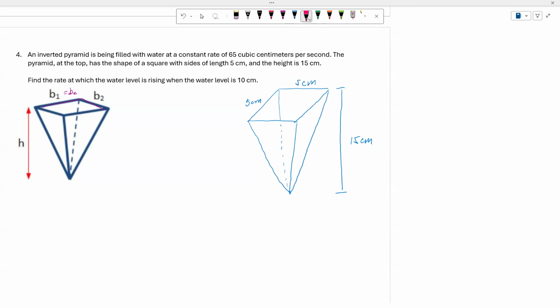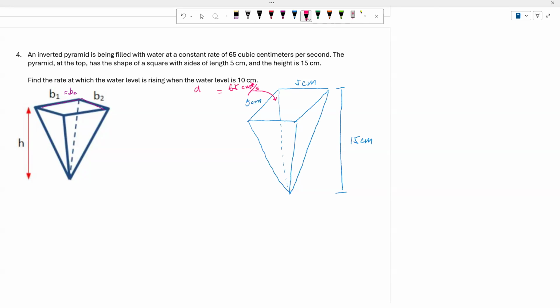Now I would like to fill in water at the rate of 65 cubic centimeter per second. You will see that when we have 65 cubic centimeters, this is related to the volume per second.